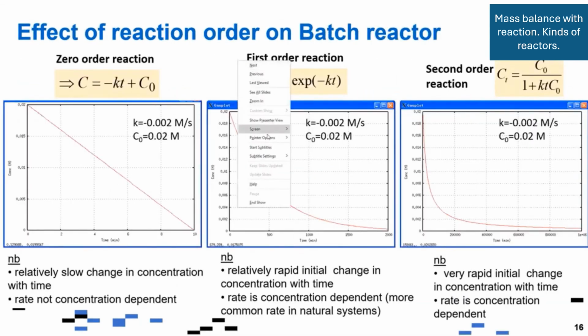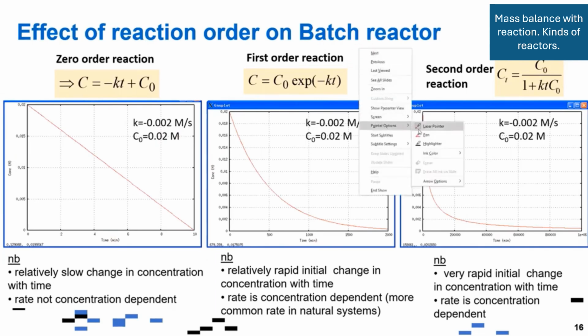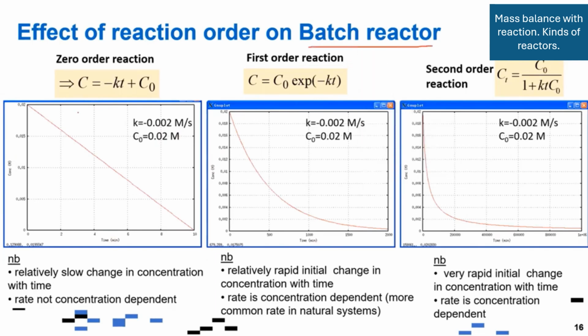So this is an example of the relationship between concentration and time. This is concentration versus time. You can see the zero order reaction in a batch reactor. So this is an example of a batch reactor, right? What happens?